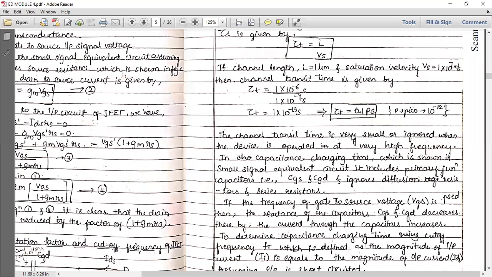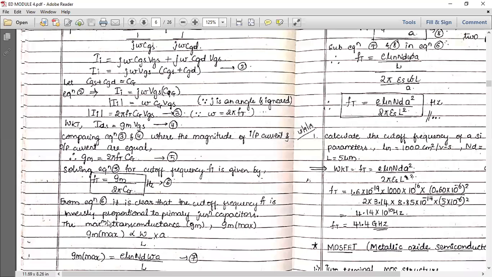After that discussion, we proved that the cutoff frequency FT is nothing but GM divided by 2 pi into CG.